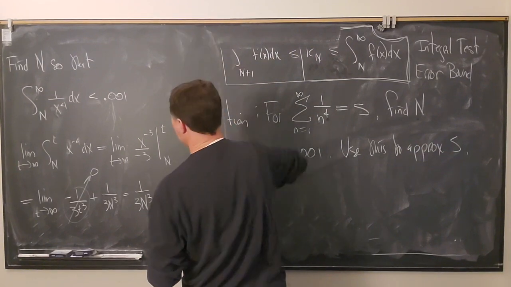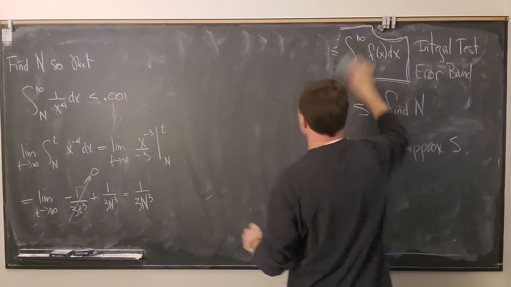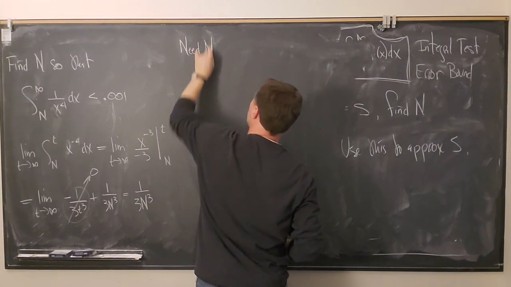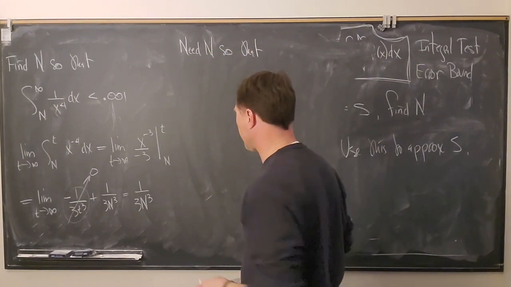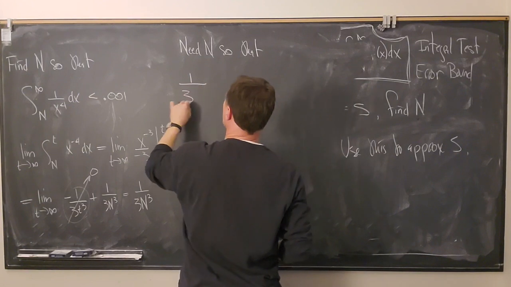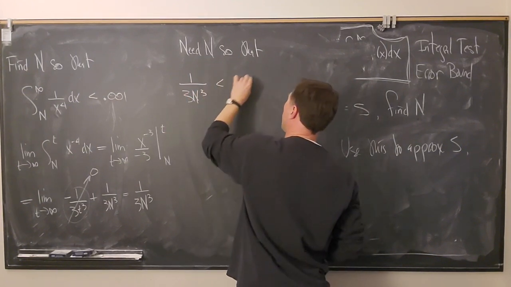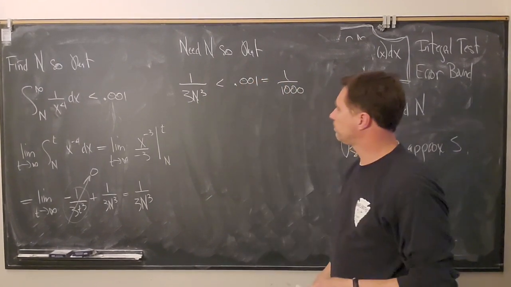So what I want then is the n value. We need n so that 1 over 3n cubed is strictly less than 0.001, which is 1 over 1000.